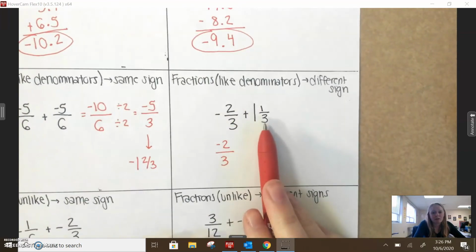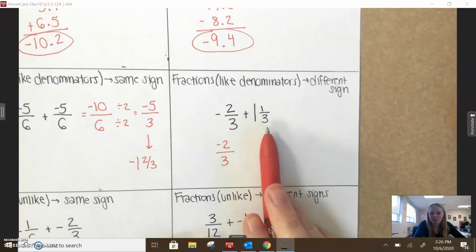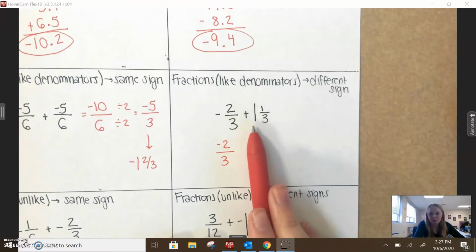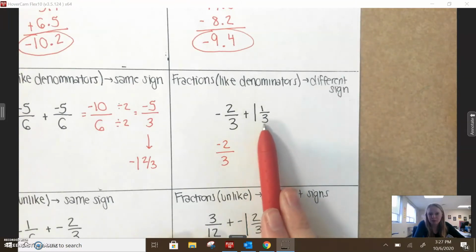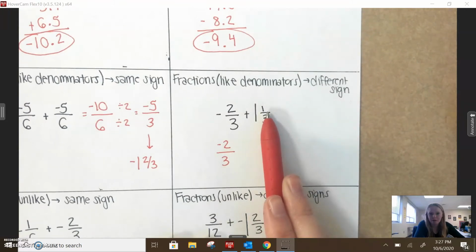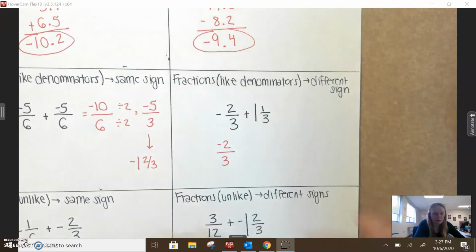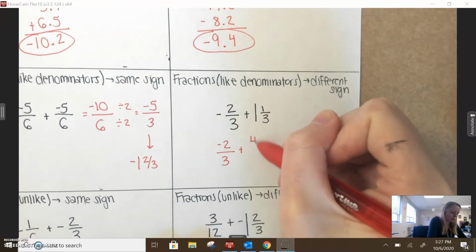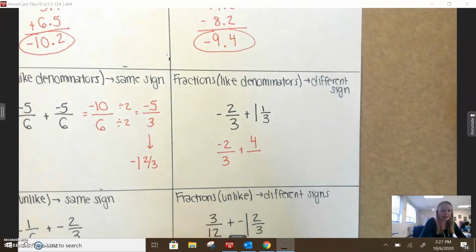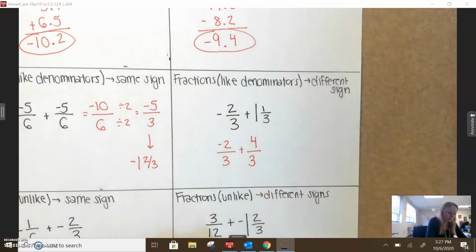Now with this number, we have a mixed number right now. So before I can add, I have to make this an improper fraction. As a reminder, improper fractions are made by taking the whole times the denominator, adding the numerator. So I'm going to have 1 times 3 plus 1, which gives me 4. And then I keep that denominator, which is 3.